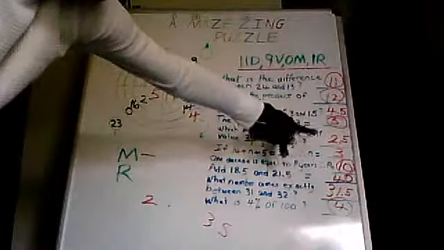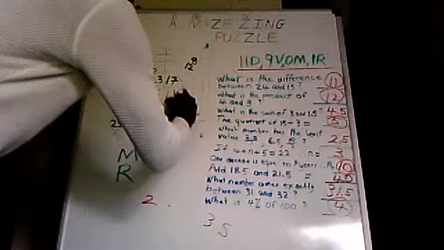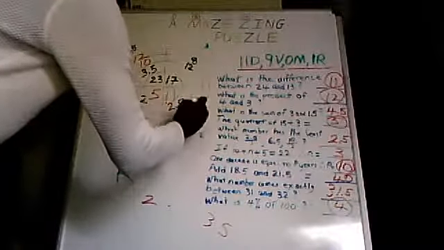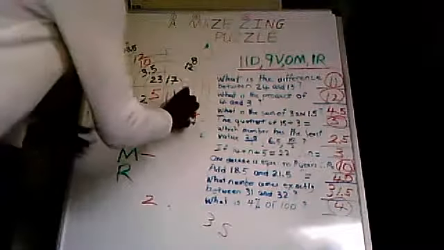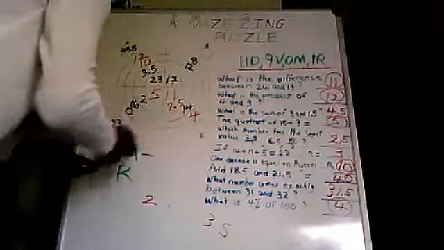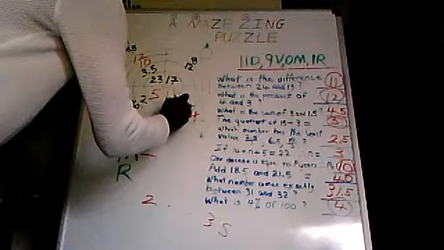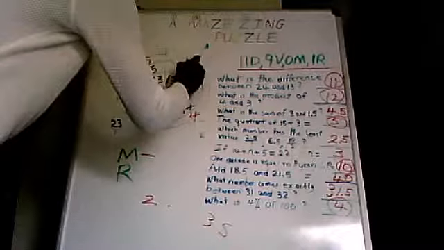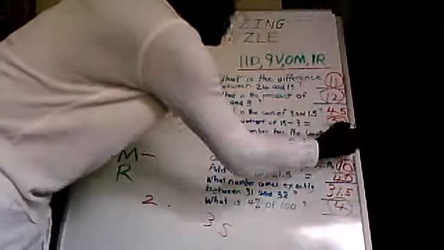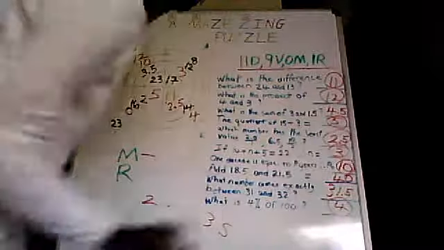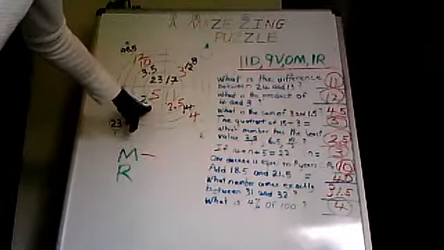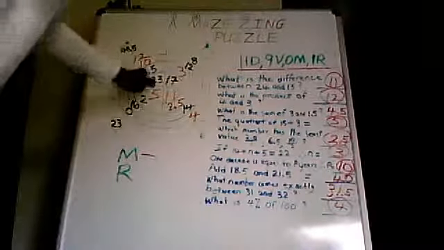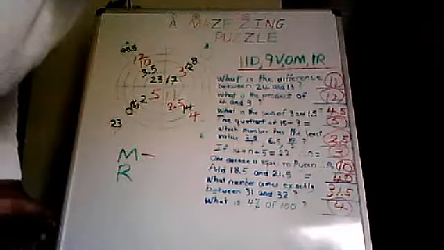So I'm gonna put 2.5, and I'm gonna put 3. So we get rid of 2.5 and 3. So this is 2, 2.5, 3, 3.5. We are counting up by 0.5.